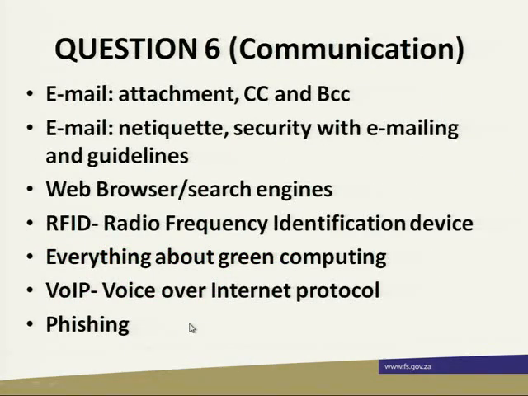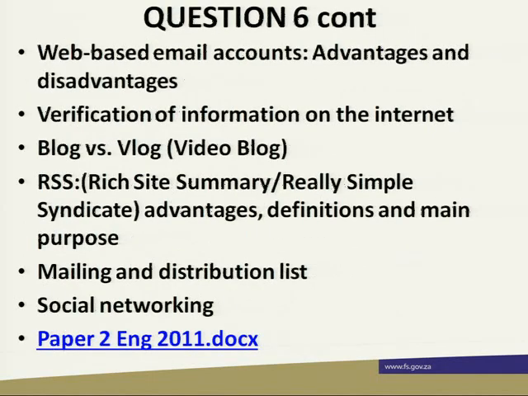Right. We move to question 6. Question 6 is based on communication. Your email: you must know email, the attachment, CC carbon copy, and blind carbon copy. Email netiquette, security with emailing and guidelines, web browser, search engine, radio frequency identification device. You must also know everything about green computing, voice over internet protocol, and phishing.